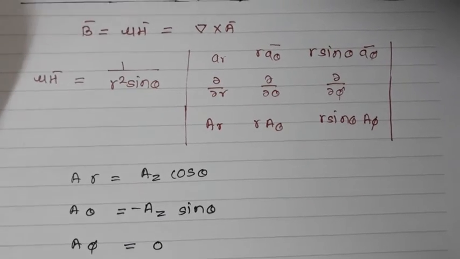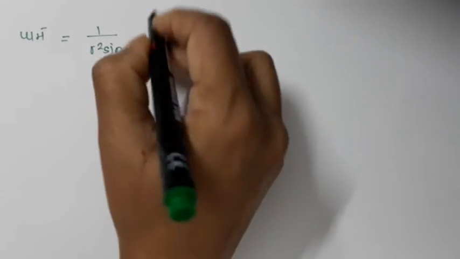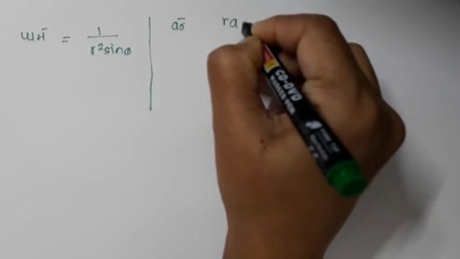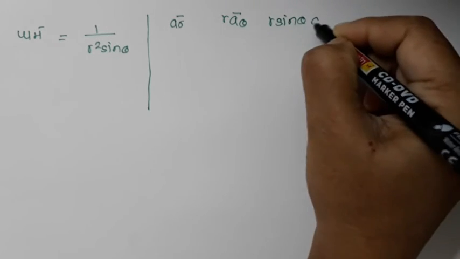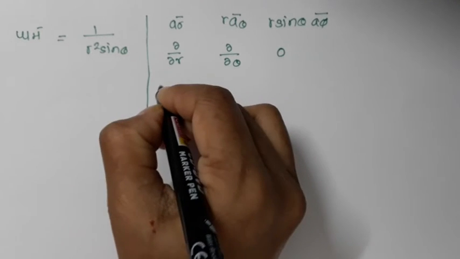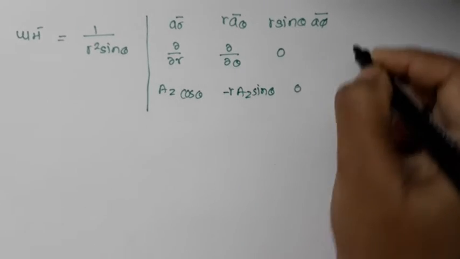So further solving this equation, and putting in all those zeros which we have concluded previously, mu H bar is equal to 1 upon r square sine theta, with the determinant rows AR bar, r A theta bar, r sine theta A phi bar, and d by dr, d by d theta, d by d phi, which is 0, that's why I write it 0, then AZ cos theta, minus r AZ sine theta, and 0.